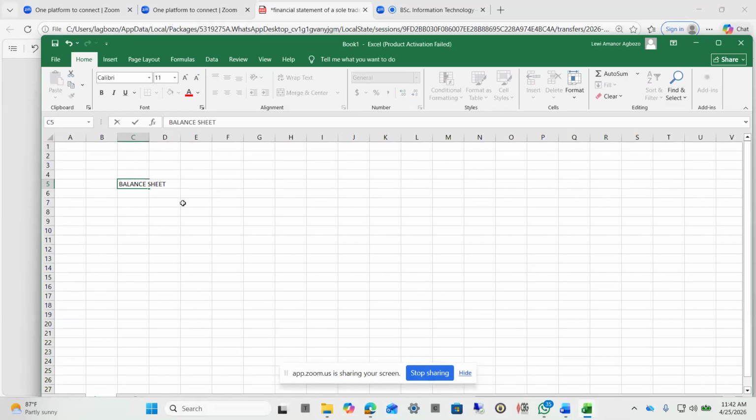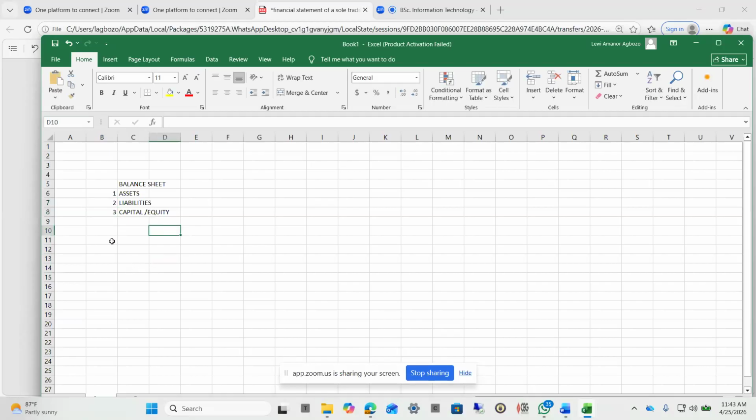the balance sheet is made of assets, liabilities, and capital or equity. Okay.